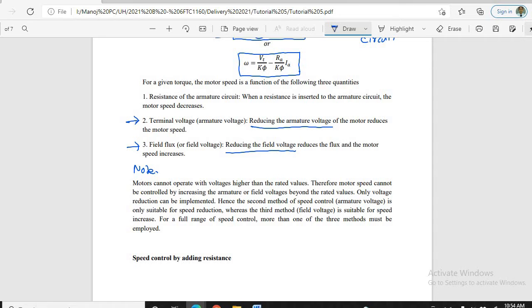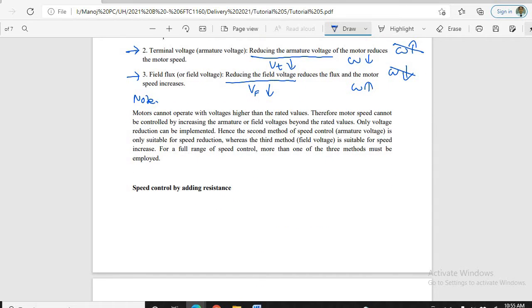That means we are not going to increase omega using the second method, and we are not going to decrease omega using the third method. Why? Because when the field voltage or the armature voltage reduces, omega will reduce, and here omega will increase.